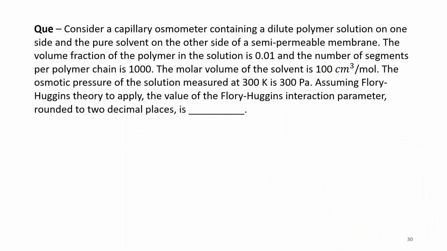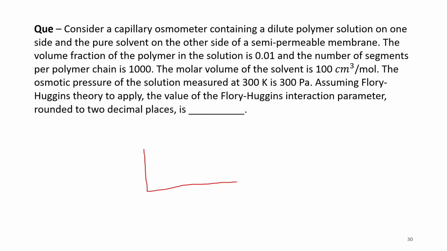So next is the osmometry question, in which it is asked, consider a capillary osmometer containing a dilute polymeric solution on one side, and another side is a pure solvent. So what is happening?